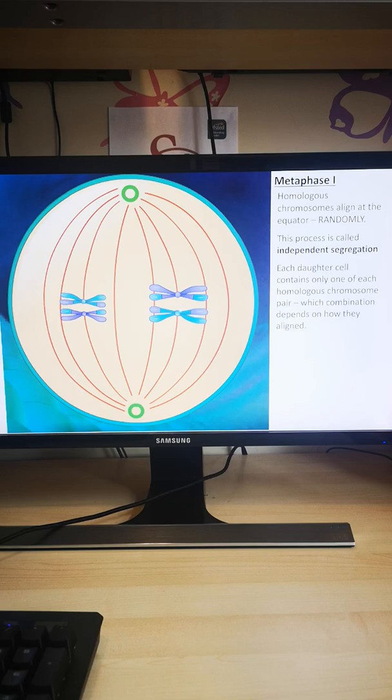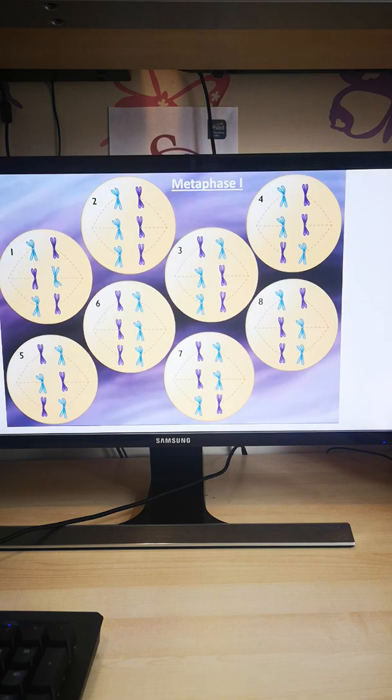Okay, so following anaphase 1, each daughter cell will contain only 1 of each homologous chromosome pair. Just to show you all the different ways a cell with 6 chromosomes could arrange its 6 chromosomes in that process.